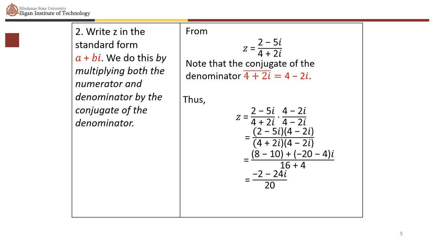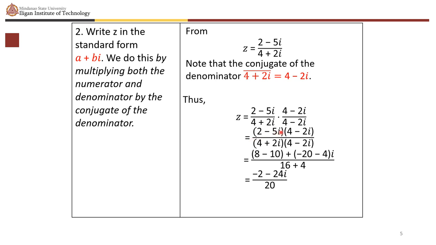Thus, we now have 2 minus 5i over 4 plus 2i times 4 minus 2i over 4 minus 2i. Notice that this is just equal to 1. So when we multiply this quantity by 1, we still have the same value.